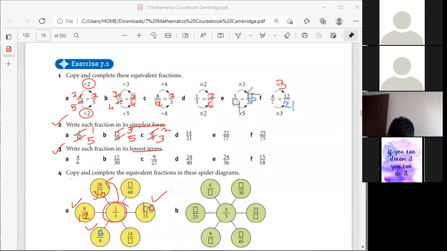Correct? So 2 3s will be 6. Is it very clearly understood? Any other doubt? So I think you can do this 4A and B also as homework. Yes, Mohammed, you're getting it right.